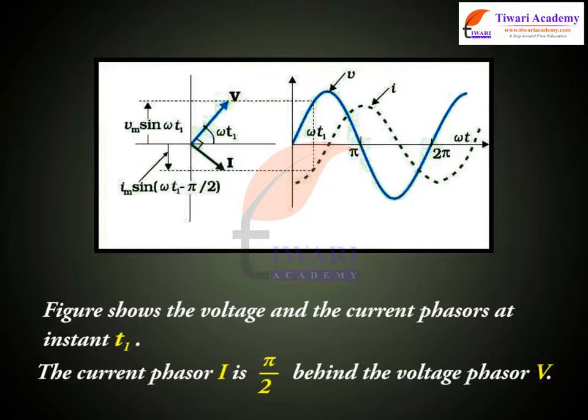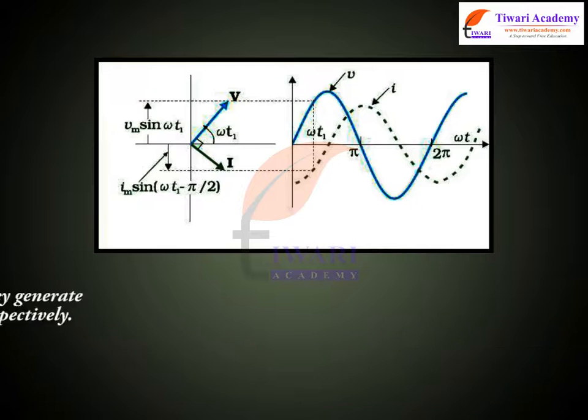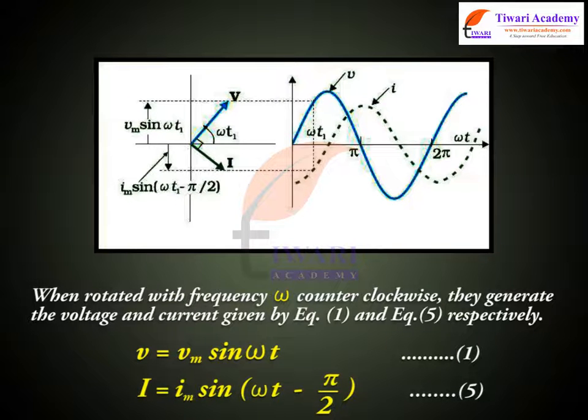The current phasor I is π/2 behind the voltage phasor V. We see that the current reaches its maximum value later than the voltage by 1/4 of a period. When rotated with frequency ω counterclockwise, they generate the voltage and current given by equation 1 and equation 5 respectively.